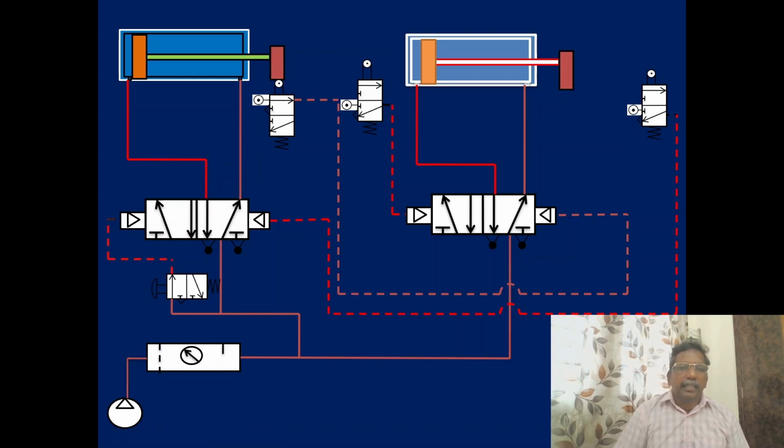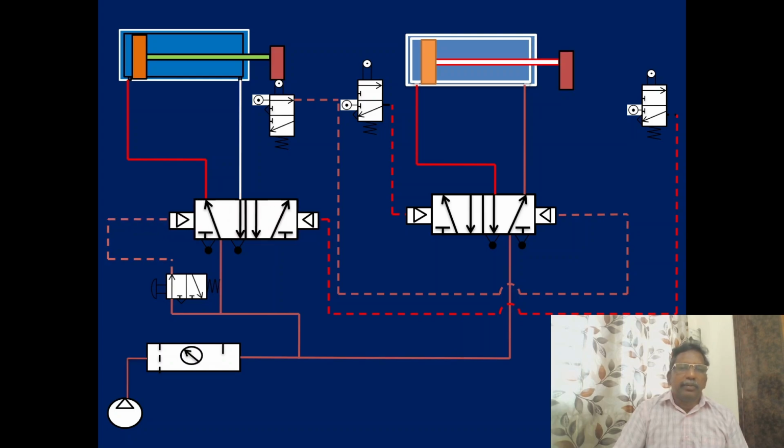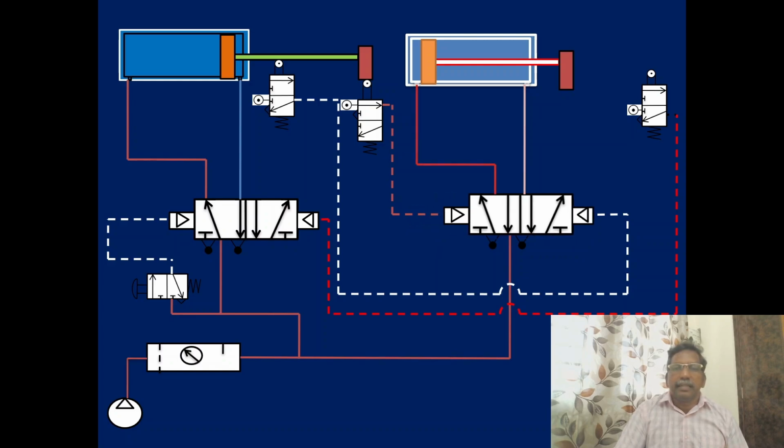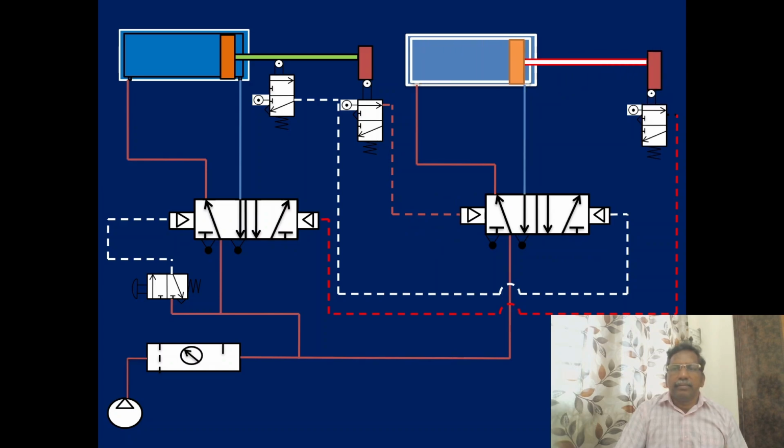So you can see when you push, immediately the system moves. Now extension occurs for cylinder 1. From that signal, after completing the action in the first cylinder, it moves to the second cylinder. So the second cylinder is moving. After completing this, you retract one by one.